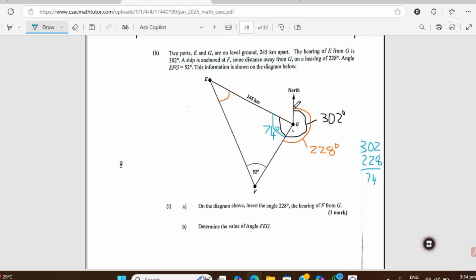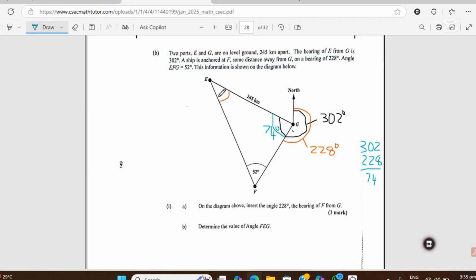So notice I used my angle property here about the fact that I know my bearing angles, I know where it starts, I know how to turn. I had completed part of the distance and I needed to know what was the other part. So I subtracted them from each other to find this angle.